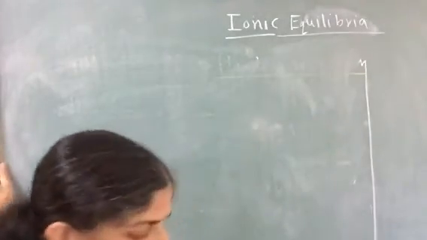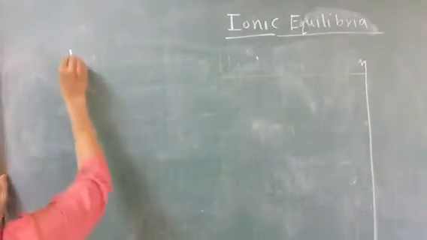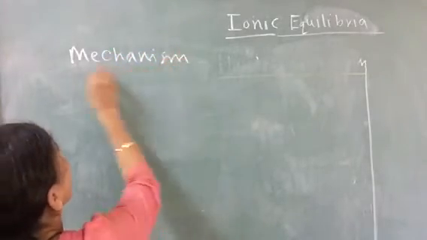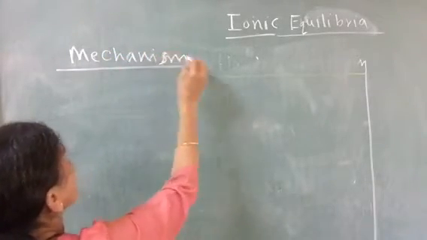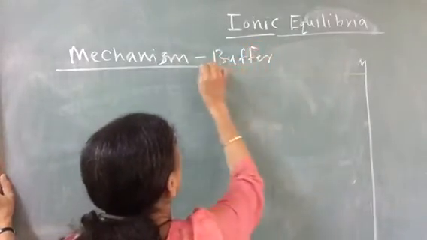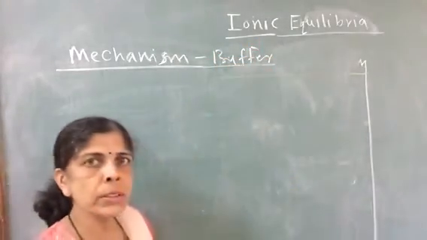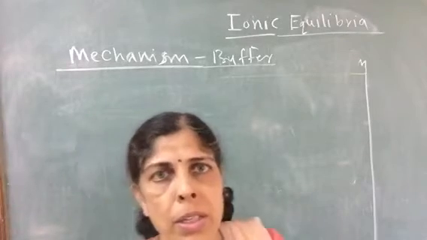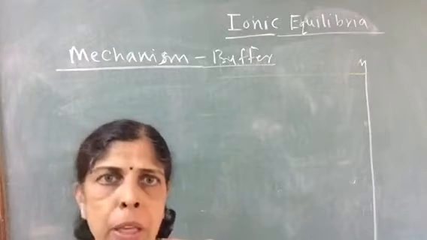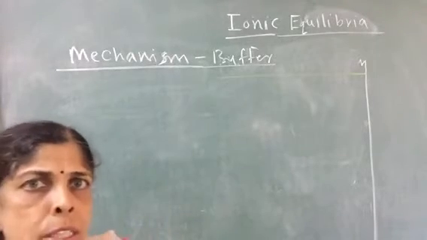Now we will continue with mechanism of buffer action. Mechanism of buffer action means how buffer works, how it resists the sudden change in the pH upon addition of strong acid or strong base.